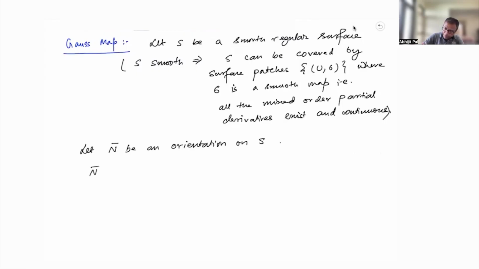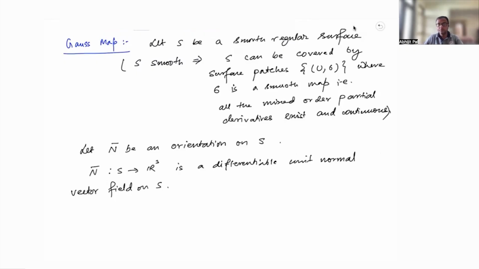So n bar from S to R3 is a differentiable unit normal vector field on S.